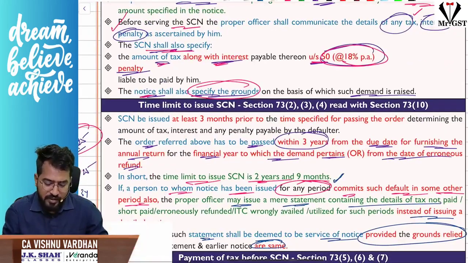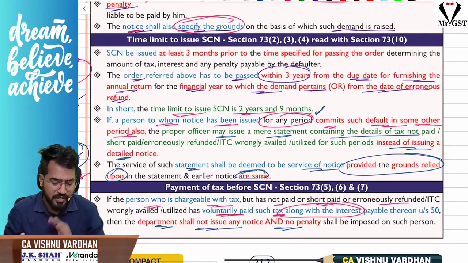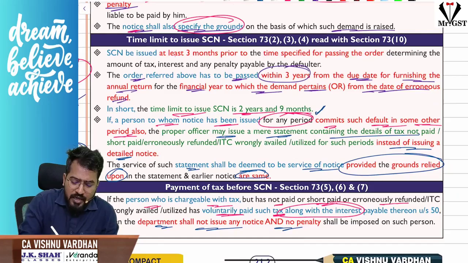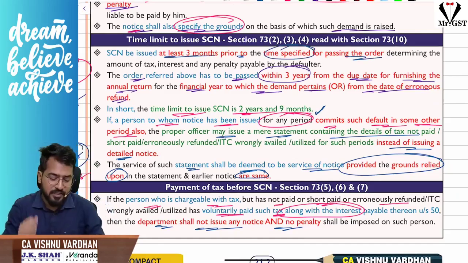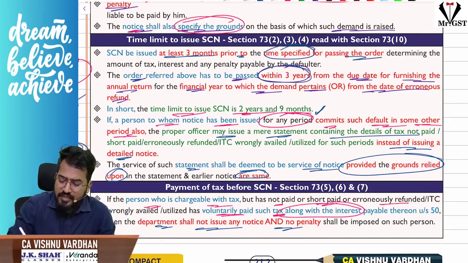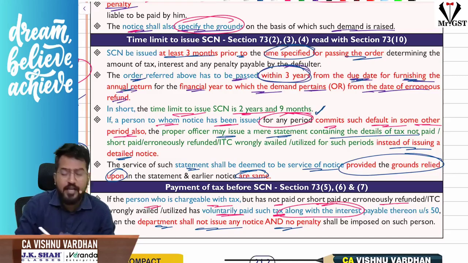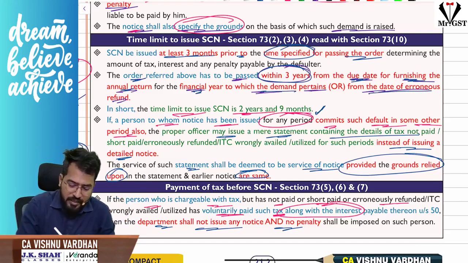Within what time should we issue this notice? The notice should be issued at least 3 months prior to the time specified for passing the order under this section. The time limit for passing the order under this section is 3 years from the due date of furnishing the annual return of the financial year to which this demand pertains, or from the date of erroneous refund.